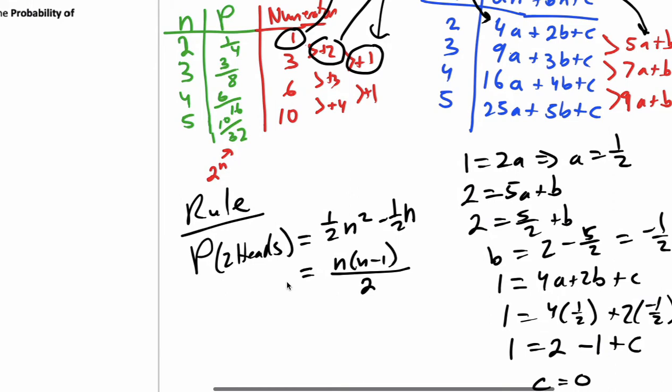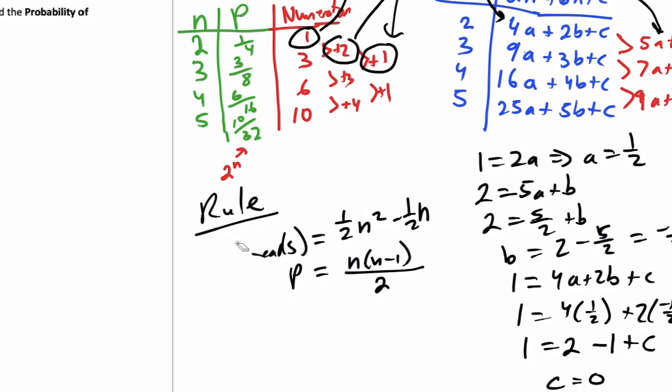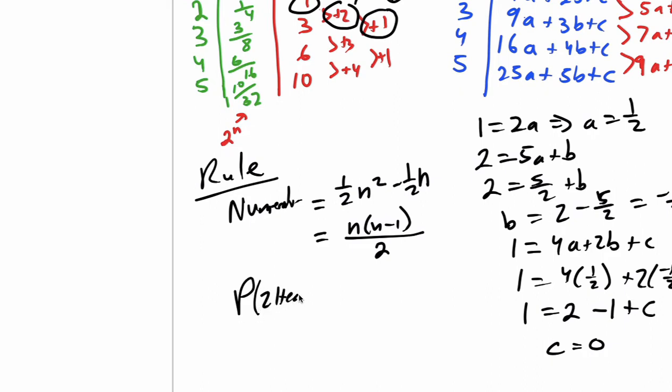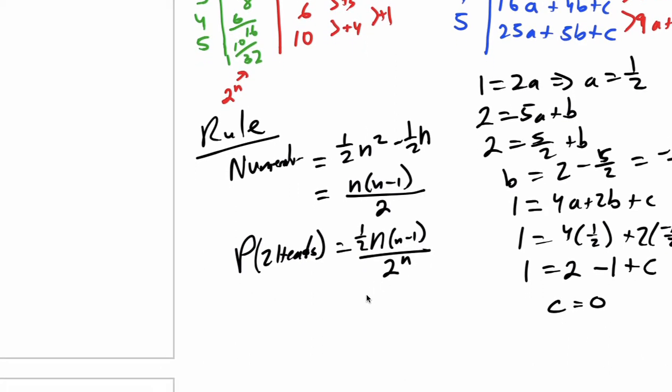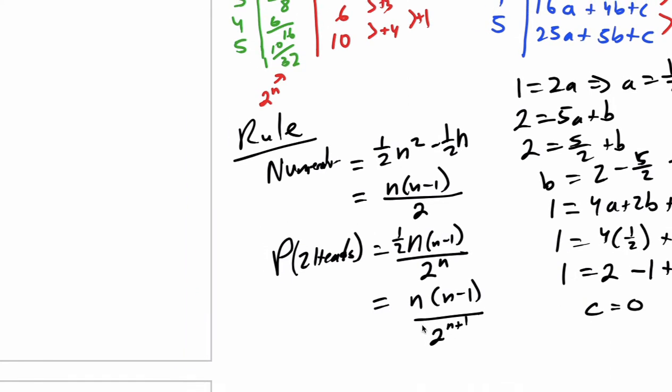I should write this as just a numerator. Numerator equals that. So the probability of 2 heads is actually half times n times n minus 1 divided by, remember our denominator is 2 to the power of n, right? Which you could simplify if you want to. We can multiply numerator and denominator by 2, and we get 2 to the power of n plus 1 over here, right? So that's our rule.